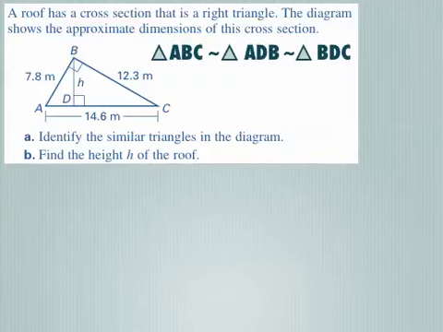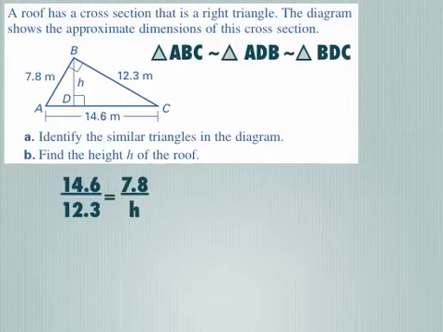However, I did 14.6 over 12.3 equals 7.8 over h. What 14.6 over 12.3 is, I'm using the biggest triangle, triangle ABC. 14.6 would be the hypotenuse, over 12.3 would be the longer leg.